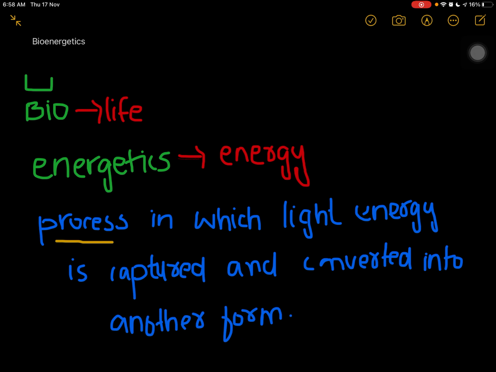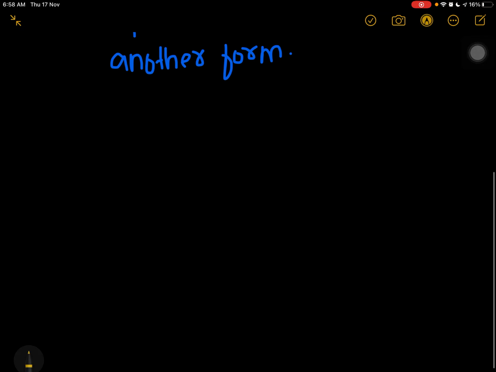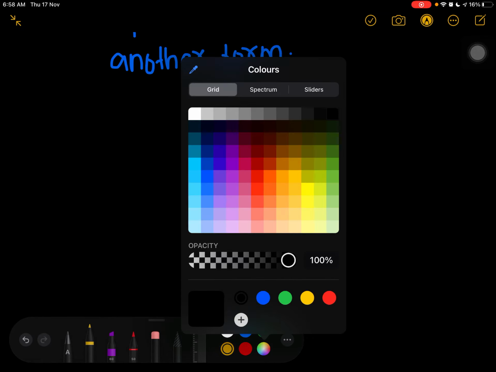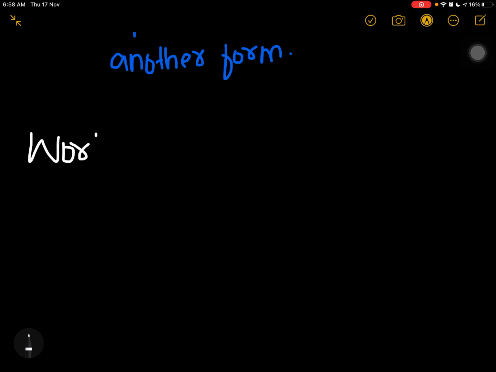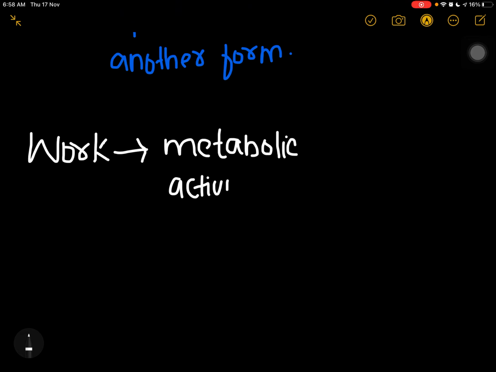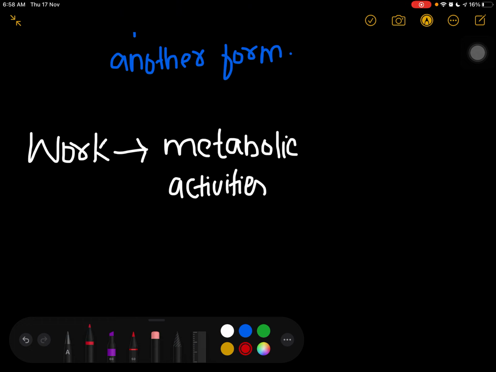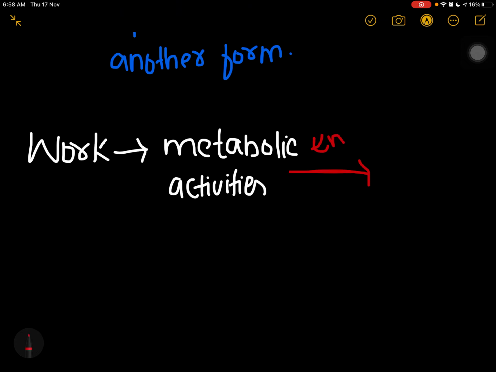Let me explain. First of all, we know that in order to perform some functions, or in order to perform work, or you can say in order to perform metabolic activity, like in the body of every organism, metabolic activities are occurring. For these metabolic activities, what we basically require is energy, right?